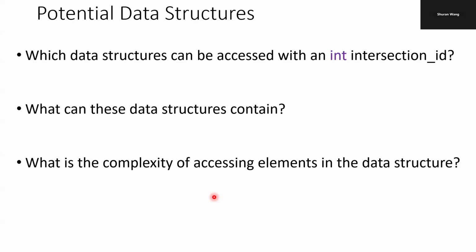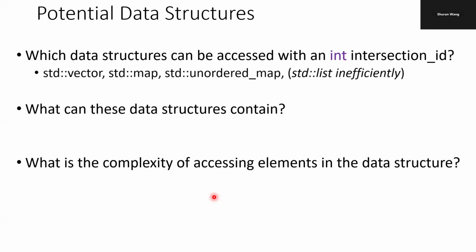Vectors is the most straightforward one, but in theory, you can access all of them using an int. Because for maps, you have the template type, so it can be int.